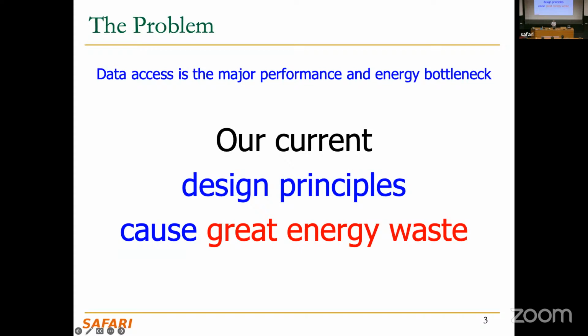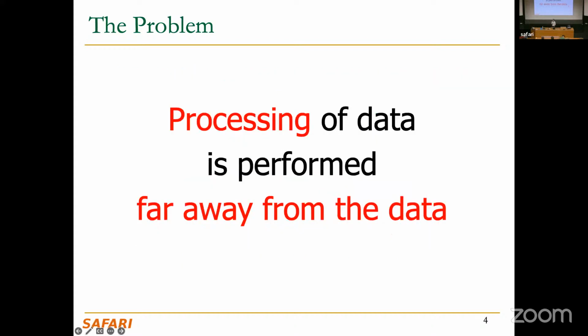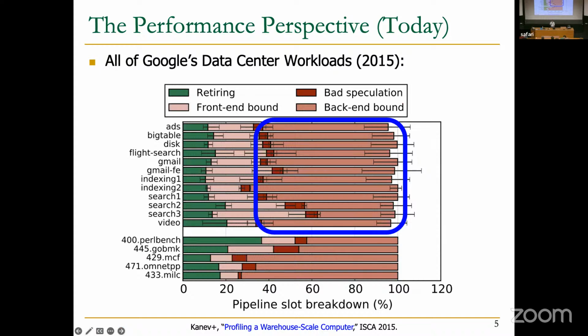The current problem in today's systems is that we are wasting a lot of throughput and a lot of energy moving data around in the system. The reason is that we are processing in a centralized way, which is really far away from where the data resides. It happens in different applications.